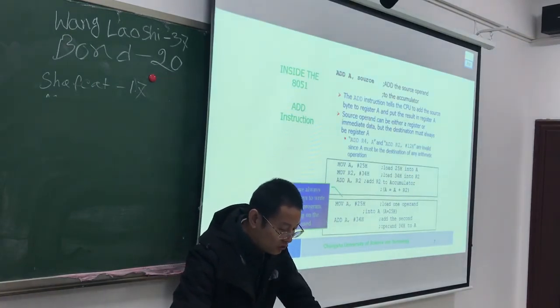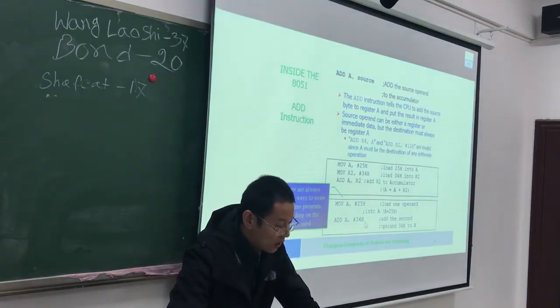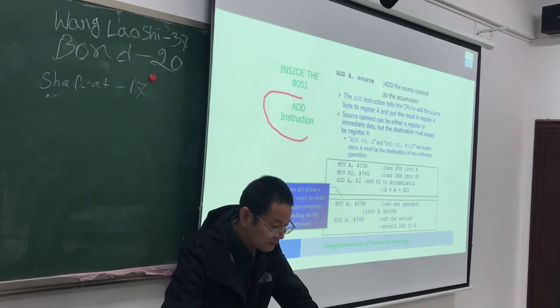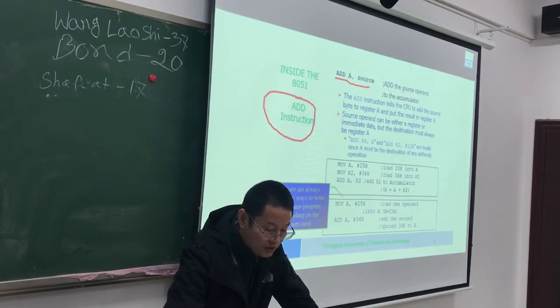Next, I introduce the add instruction. Add A, source: add the source operand to the accumulator, which means add this one to this one.